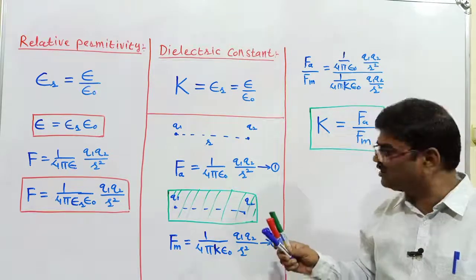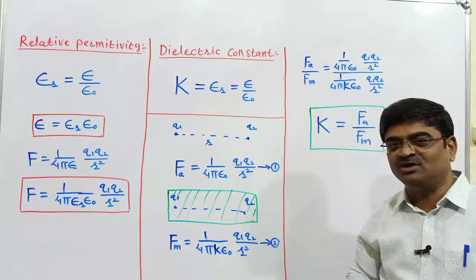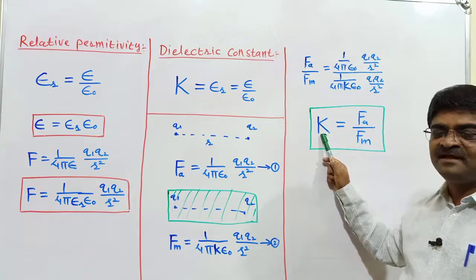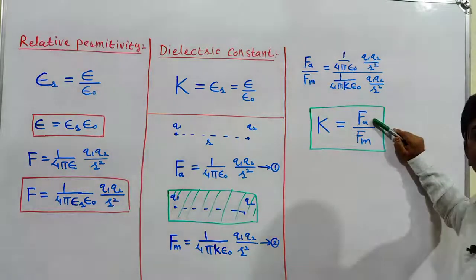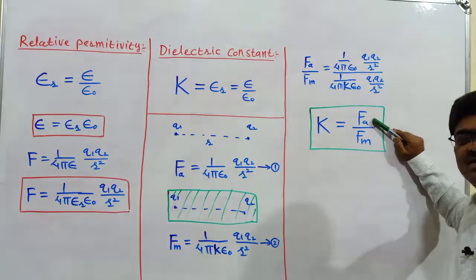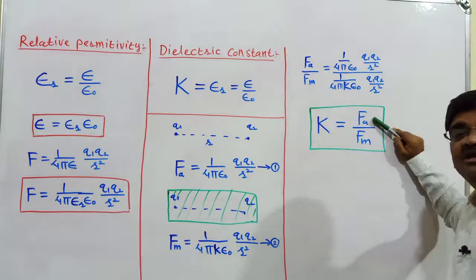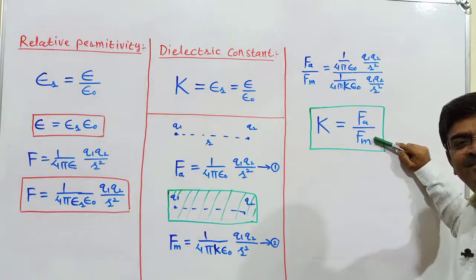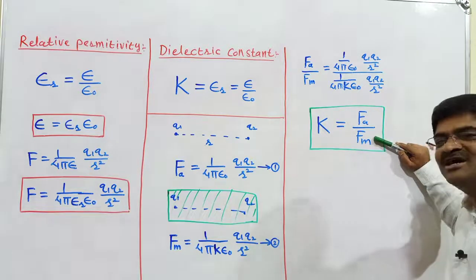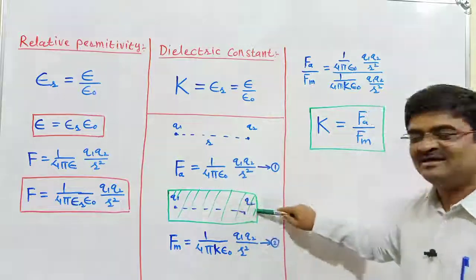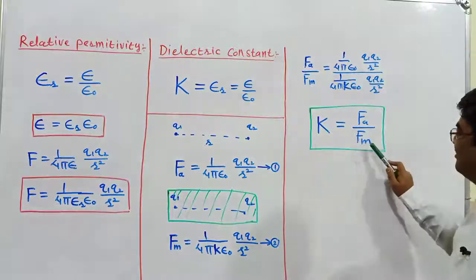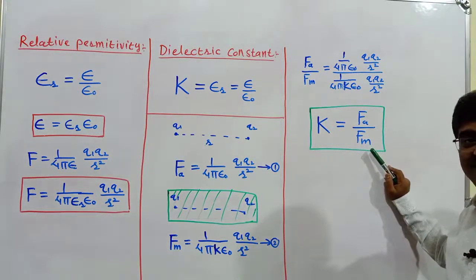Let me put whatever procedure I followed in words. The dielectric constant of the given media is the ratio of the force between given two charges at a given separation in air to that of the force between the same two charges at the same separation in the given media. So this is my definition for the dielectric constant.